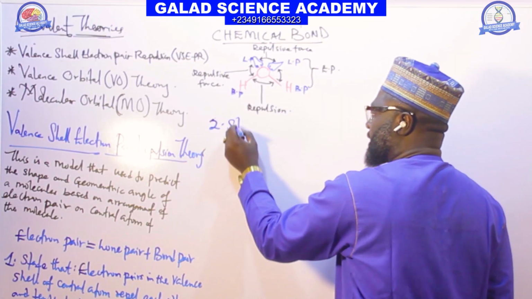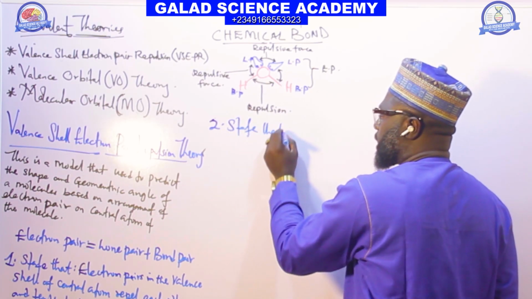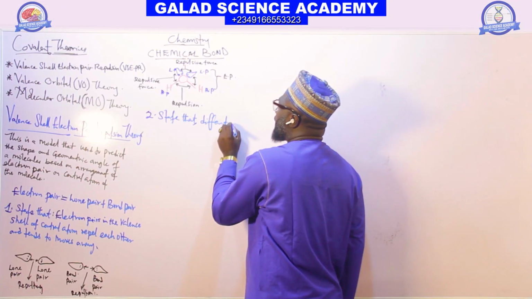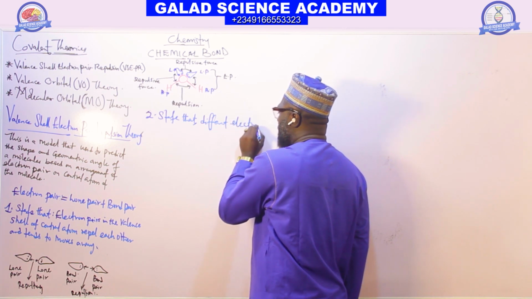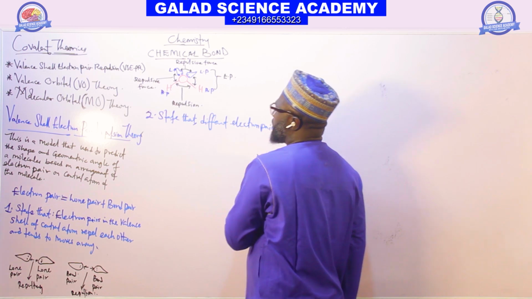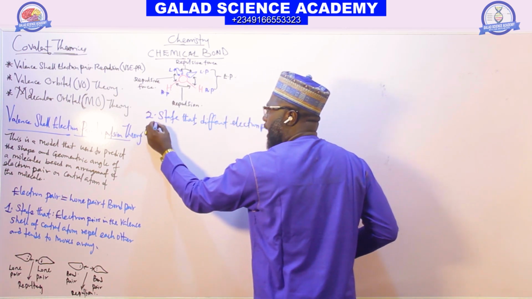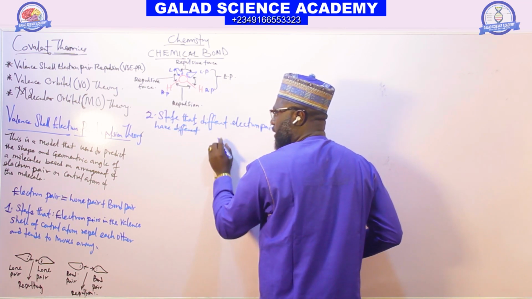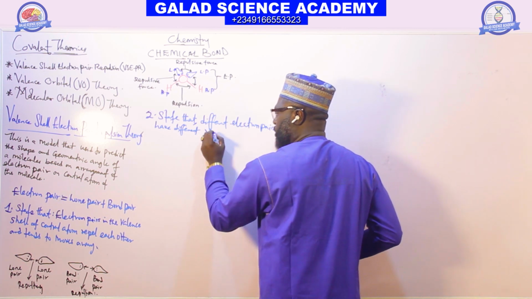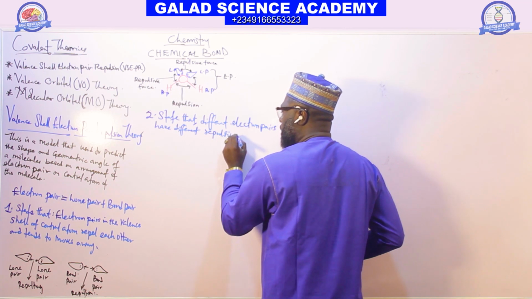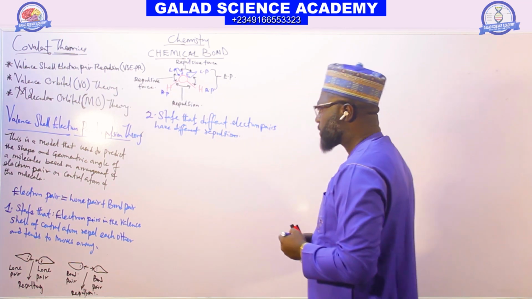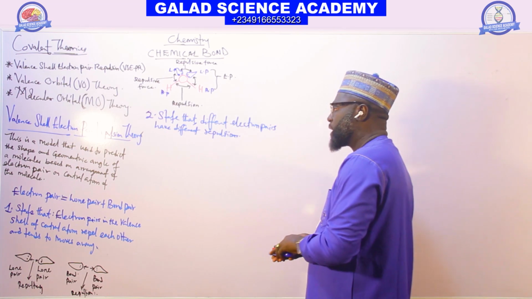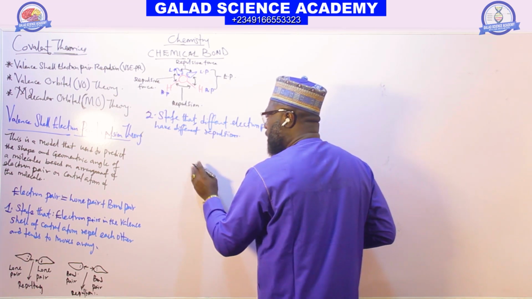The second postulate states that different electron pairs have different repulsion. Let us look at it here.